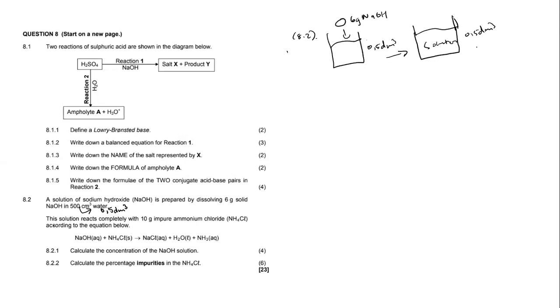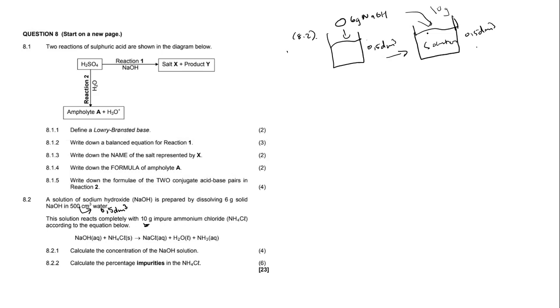So they say to us, after preparing this solution, what is happening? This solution reacts completely with 10 grams. That means in this solution, we're going to add 10 grams of what? Let's hear. The solution reacts completely, meaning it's a limiting reagent. The solution reacts completely with 10 grams of impure ammonium chloride.